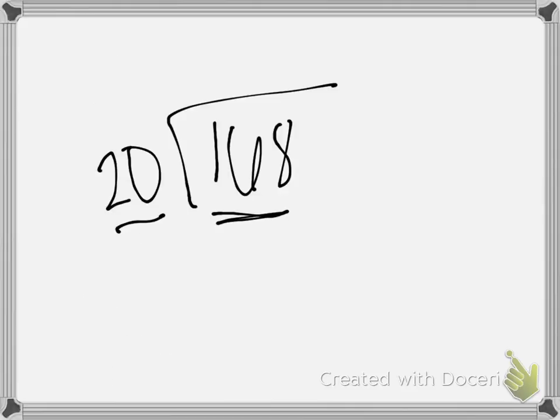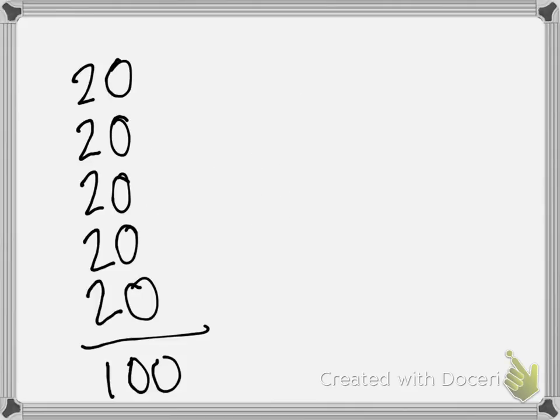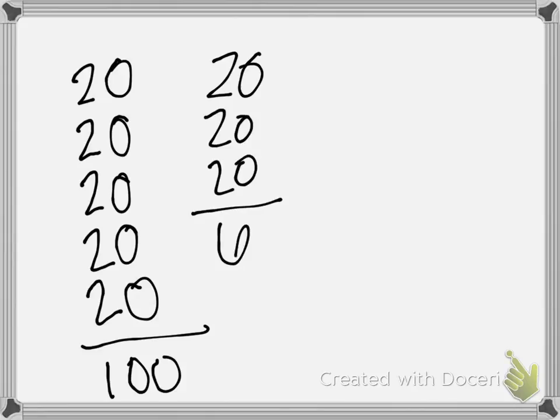So we're going to say 2 times 2, 2 plus 2 is 4, 6, 8, 10. Well, if all these are 20s, we know that this equals 100 so far. And remember, we need to get 168. So now let's do 20, 40, 60. Okay, that gives us 60.